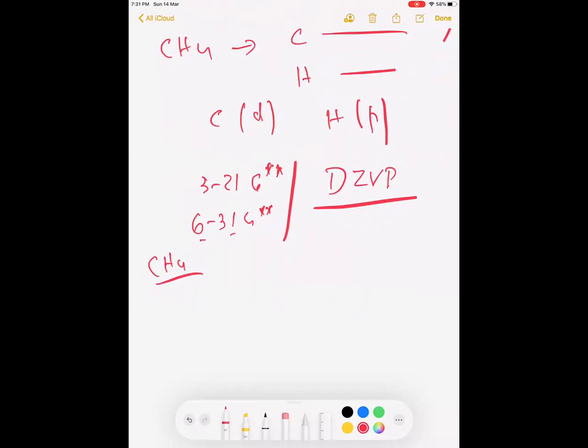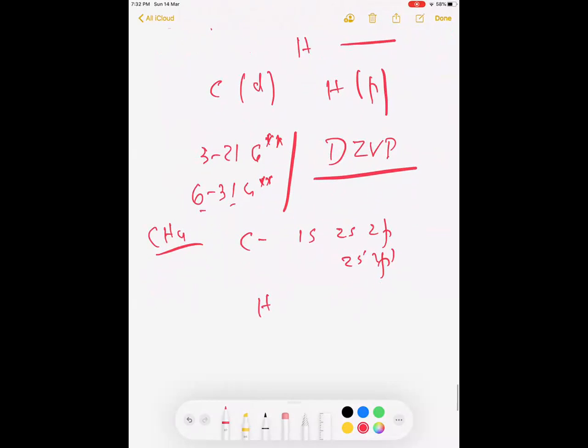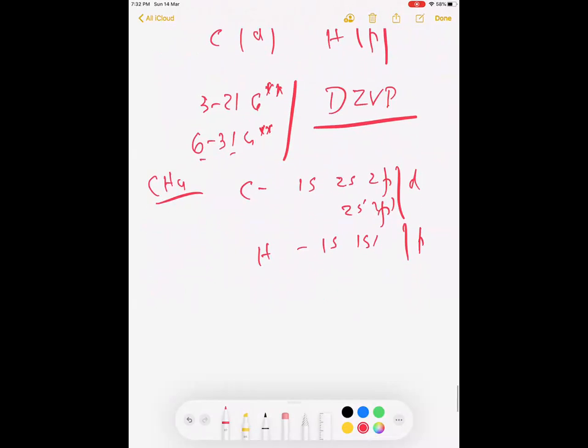I'll do this tutorial. So carbon has still 1s, 2s, 2p, 2s prime, 2p prime, because it's a double zeta valence. And hydrogen will have 1s, 1s prime. But carbon also will have a D function. It's a 3D or whatever. And hydrogen will have a P function, because it's a polarized function.